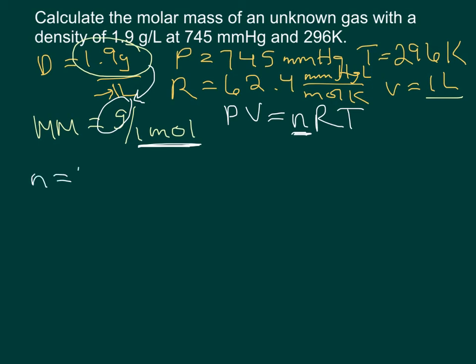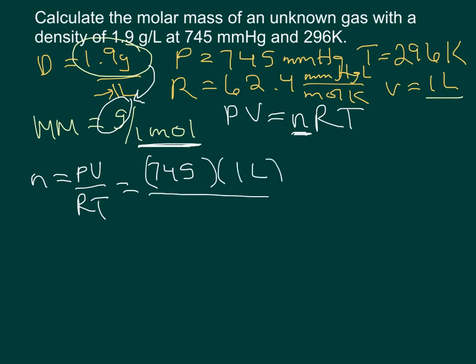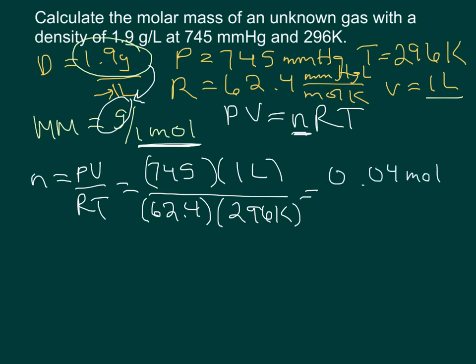So n is equal to PV over RT. I plug in my information, 745 millimeters of mercury, my volume of 1 liter, divided by my R value, 62.4 millimeters of mercury liters per mole Kelvin, and my temperature of 296 Kelvin. When I plug this in my calculator, I get 0.04 moles of my unknown gas.